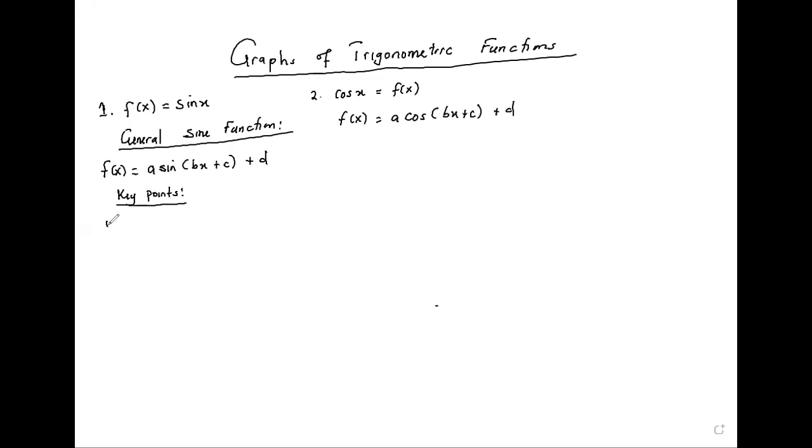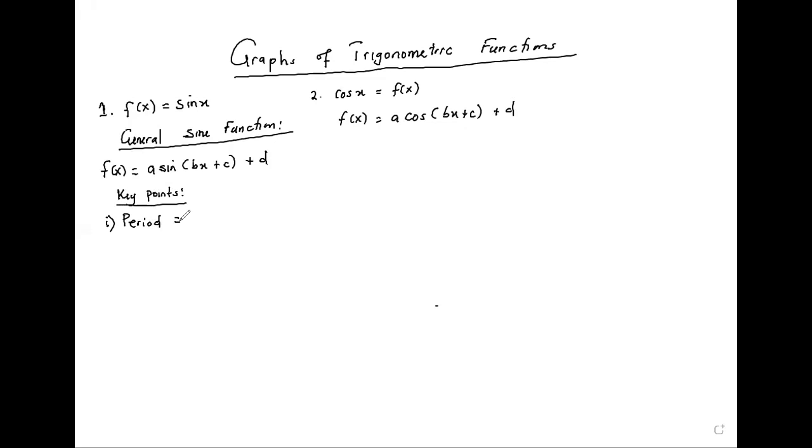The first one is a period. How do we get the period of the sine function? The period is defined as the interval in which the sine function completes its oscillation. I think that's coming from physics there.